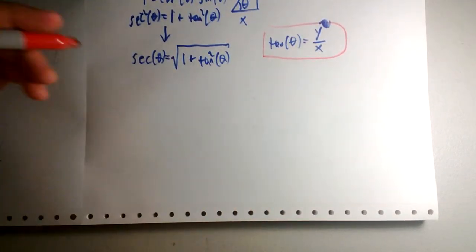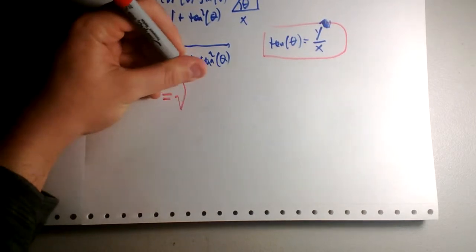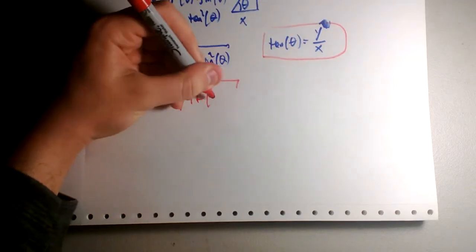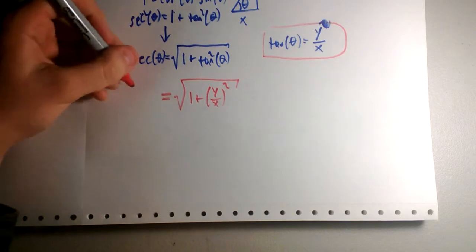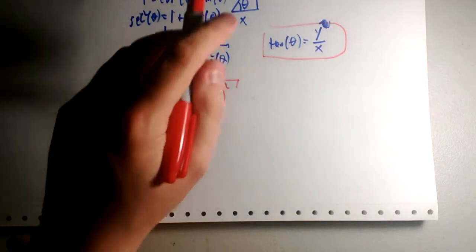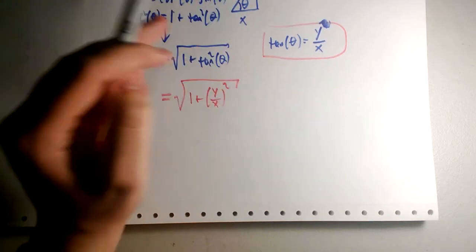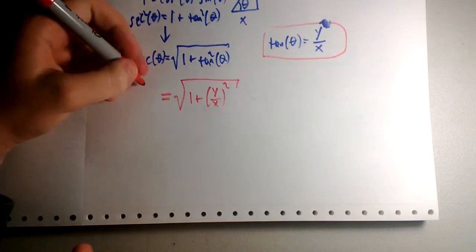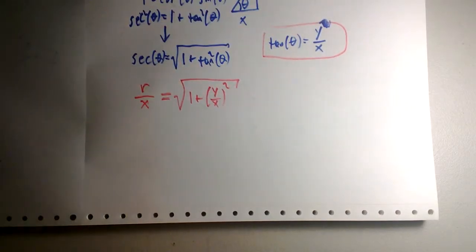And so if you plug in y over x into this formula, you get the square root of 1 plus y over x squared equals secant of theta. Secant is inverse cosine, so it puts the hypotenuse on top and the x value on the bottom. So it would be r over x.